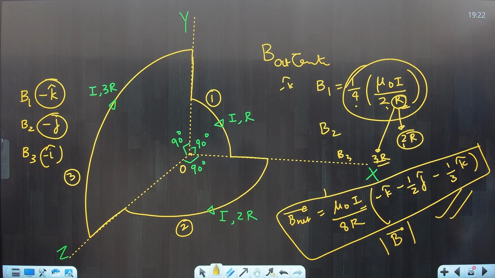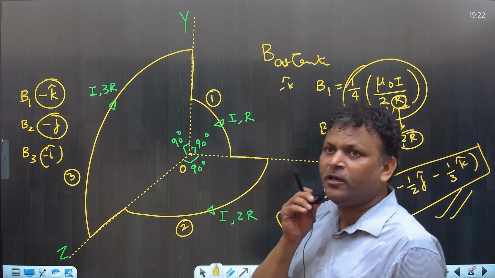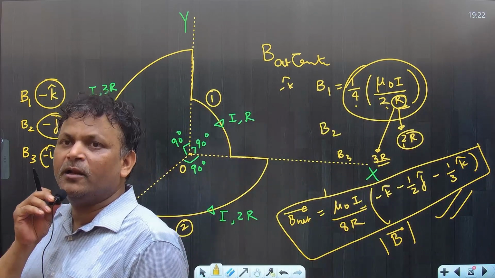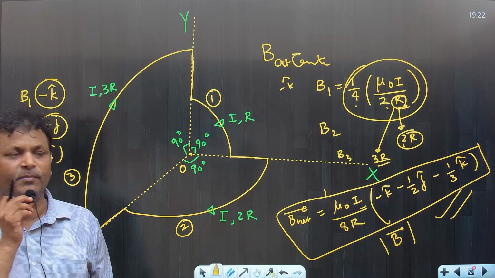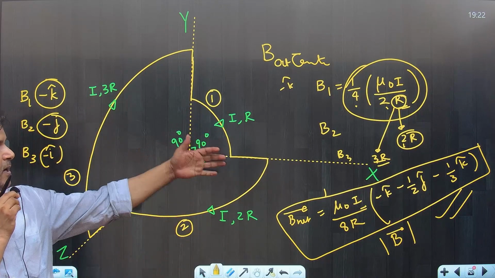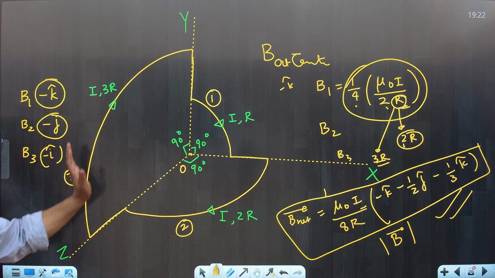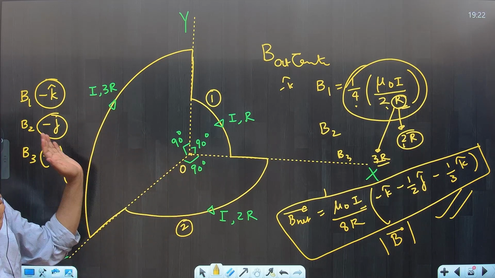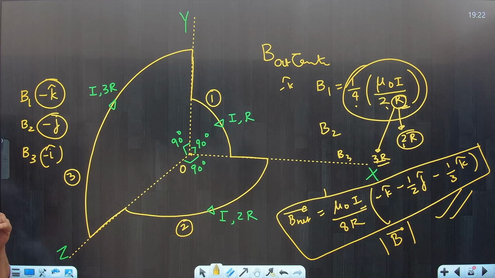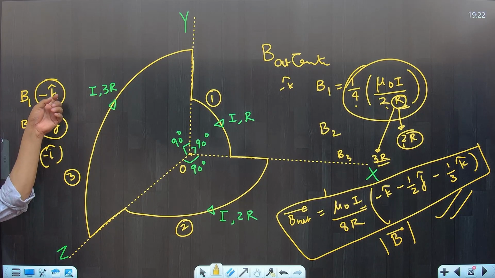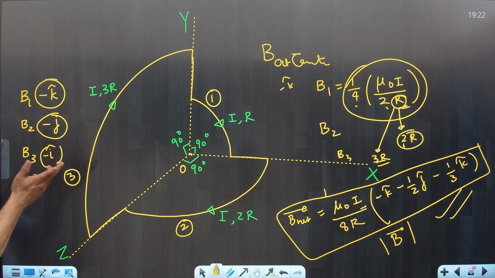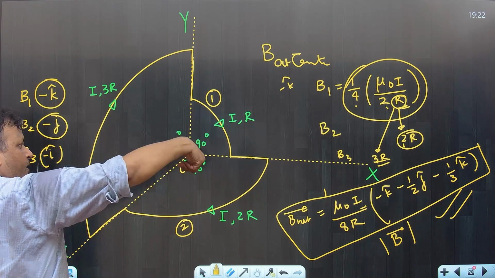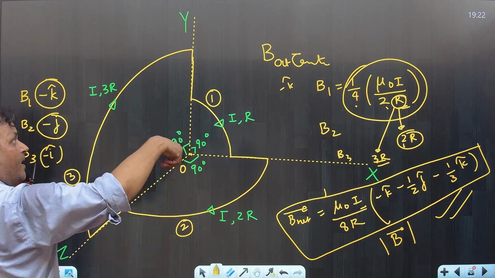So this was the question in which there were 3 quarter circles and they were in 3 different planes. One was in XY plane, another was in YZ plane, and third one was in XZ plane. First of all, you have to find the direction of magnetic field using your right hand. Curl your right hand fingers, it will get minus K cap.